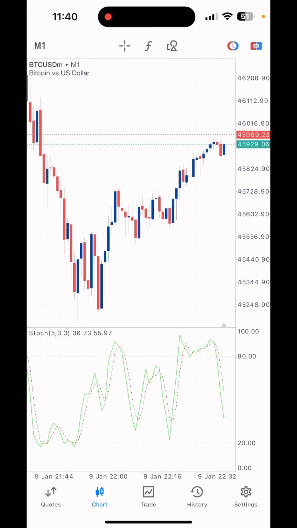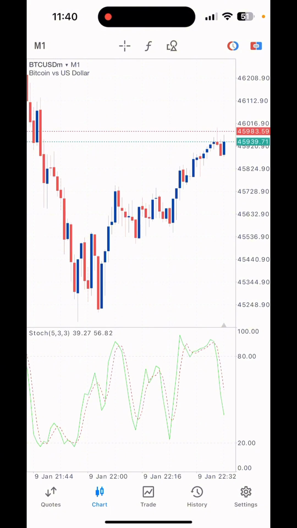Now, according to Stoch, it's just like RSI. If your candlestick touches 20 or below 20, you buy. If it touches 80 or above 80, you sell. That is just it. It works like the RSI, nothing else.